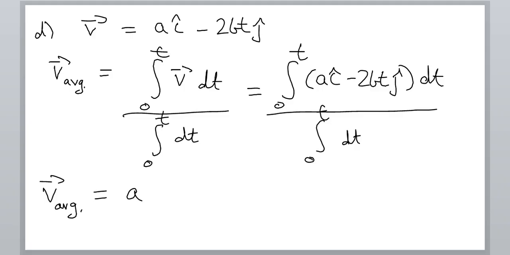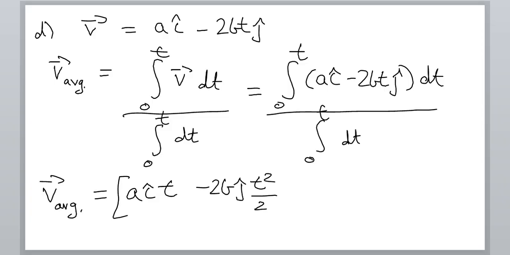The average value of this velocity vector will come out to be: a i cap is a constant, it can be taken out of the integration sign, so only dt will get integrated, so I'll get a t over here. Similarly, minus 2b j cap are constants, they can be taken out of the integration sign. The integration will affect only the term t, and this will become t squared over 2.